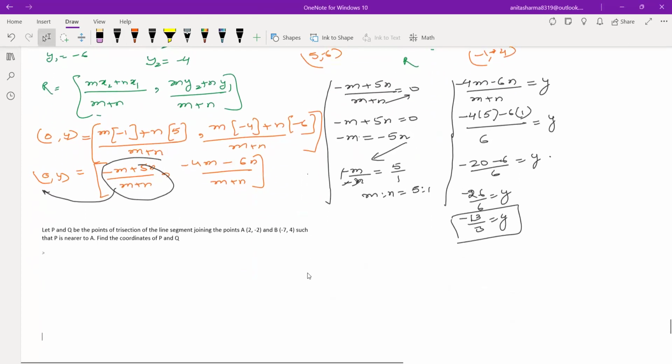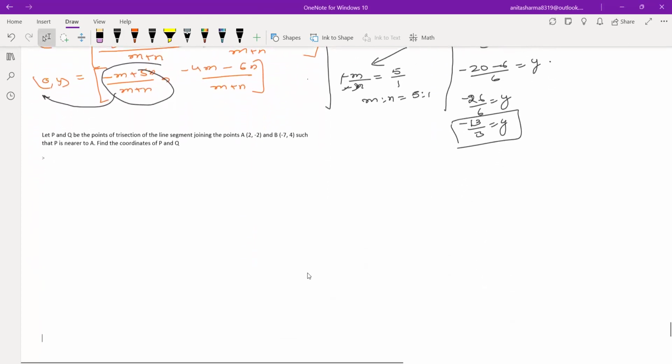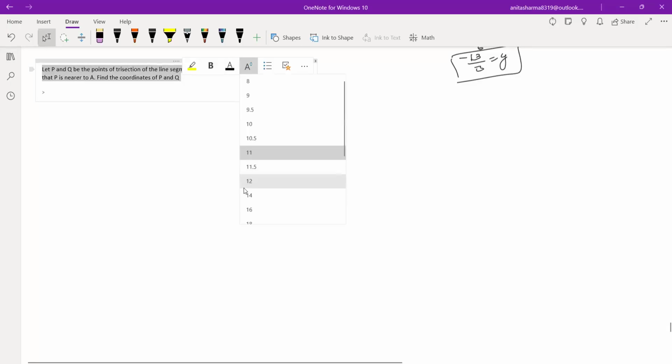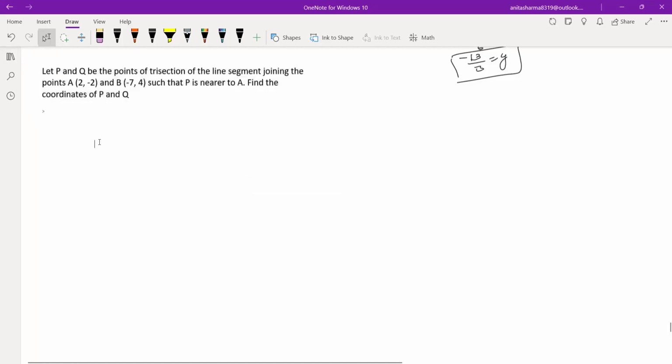Now, this type of question we have already done. See, this was in NCERT. Let P and Q be the points of trisection of the line segment joining the points A (2, -2) and B (-7, 4), such that P is nearer to A. Then find the coordinates of P and Q. Children, will you solve it?